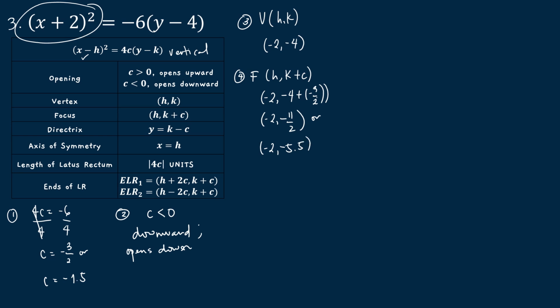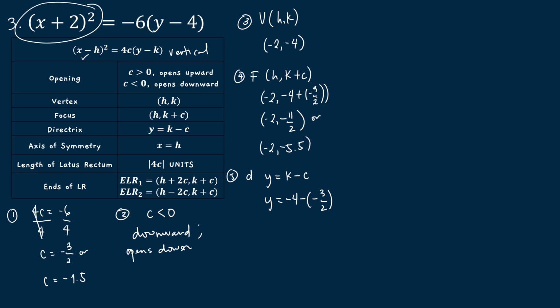Okay? Then, for our number 5, directrix this time is y is equal to k minus c. It's the opposite of your focus. It's negative 4 minus negative 3 halves. Okay?